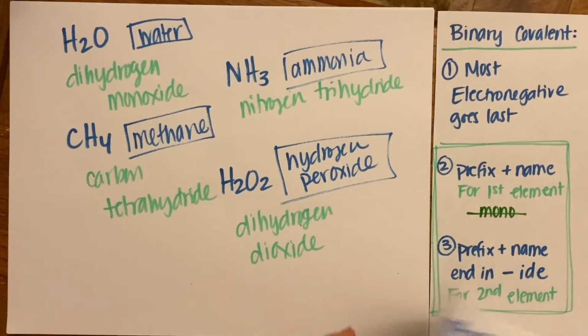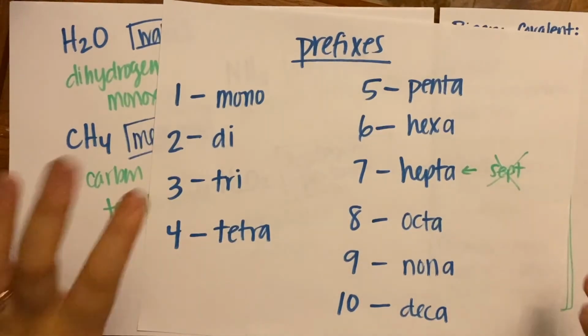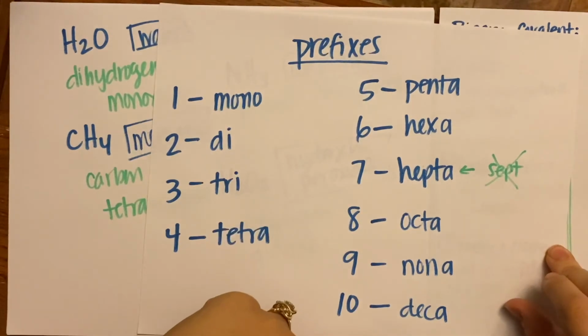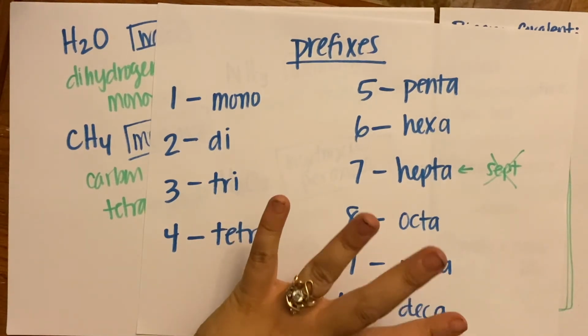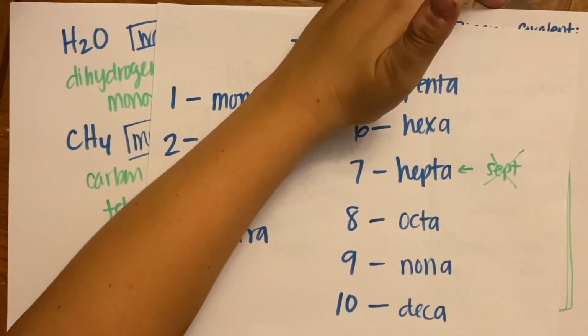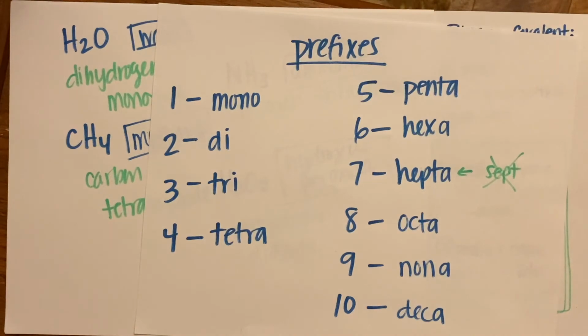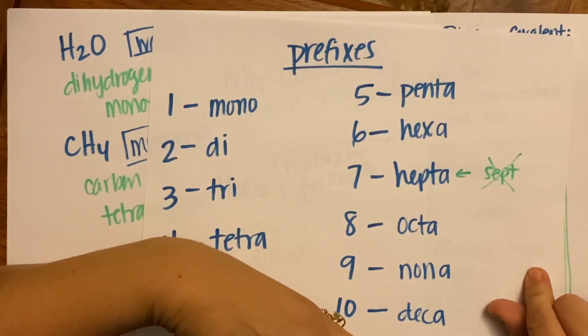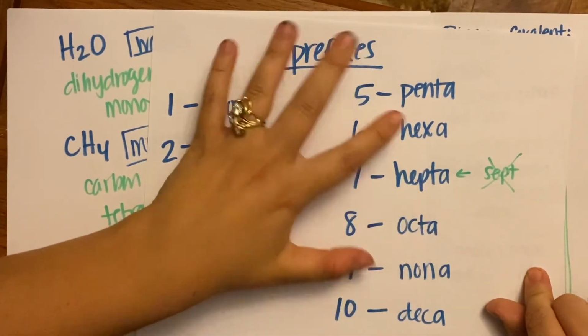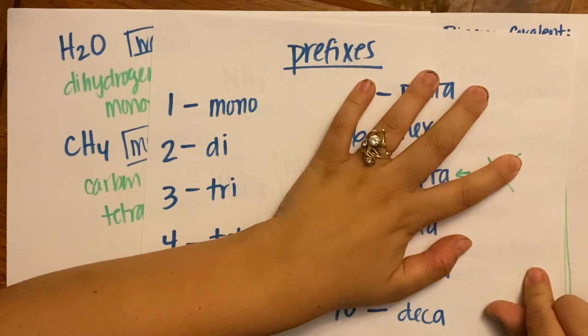Other than that, you should be able to just follow your prefixes and answer any covalent molecule naming questions, okay? What I definitely want you to do, and that's what's going to be in this week's homework packet, is some pages that are just covalent naming, but there are also going to be some pages that are covalent and ionic naming, okay?